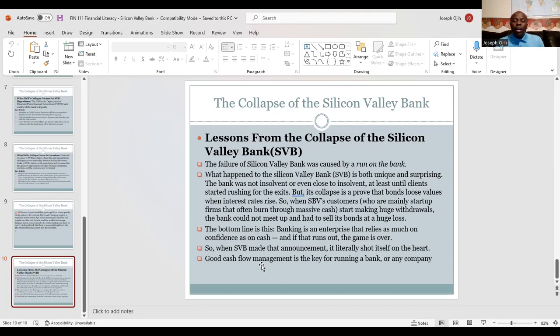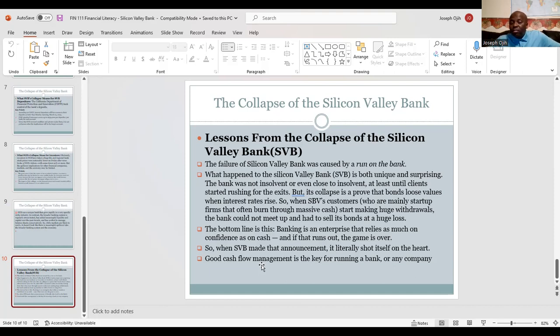So Silicon Valley Bank customers, who are mainly startup firms, hold massive cash because they are startup firms. When they started to make huge withdrawals, the bank could not meet them and had to sell the bonds at a huge loss.